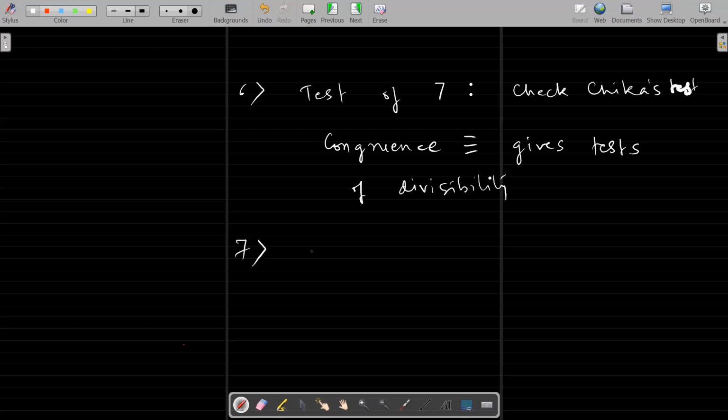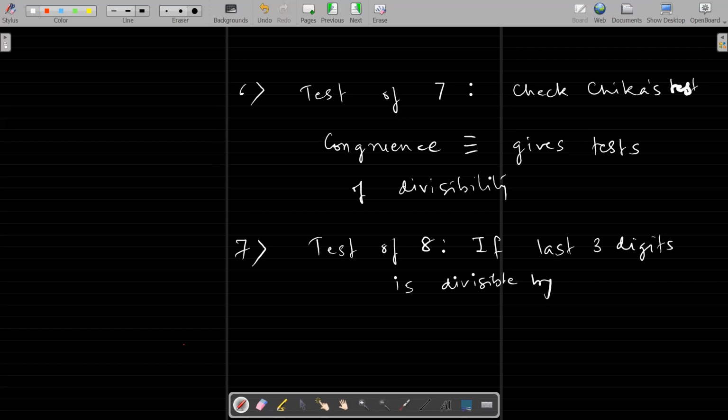So somebody said test of 8. Yes, sir. In the test of divisibility of 8, we need to focus on the last 3 digits of the number, and if they are divisible by 8, the whole number is divisible by 8. If the last 3 digits as one number are divisible by 8, then the whole number is divisible by 8.